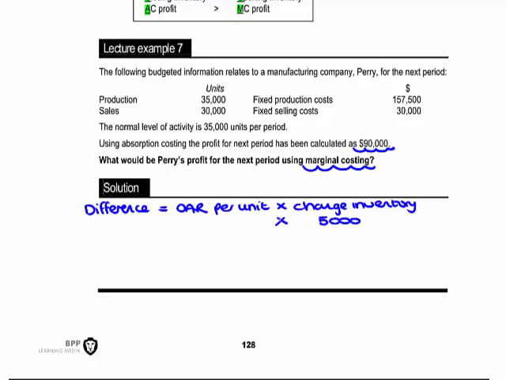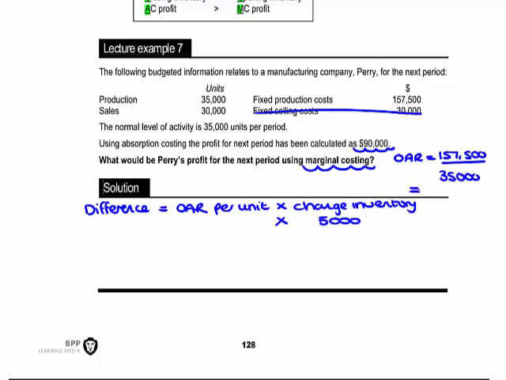but we need to work out the overhead absorption rate per unit. The overhead absorption rate per unit is equal to the budgeted fixed production costs divided by the budgeted activity. So we're only concerned with the budgeted fixed production costs.